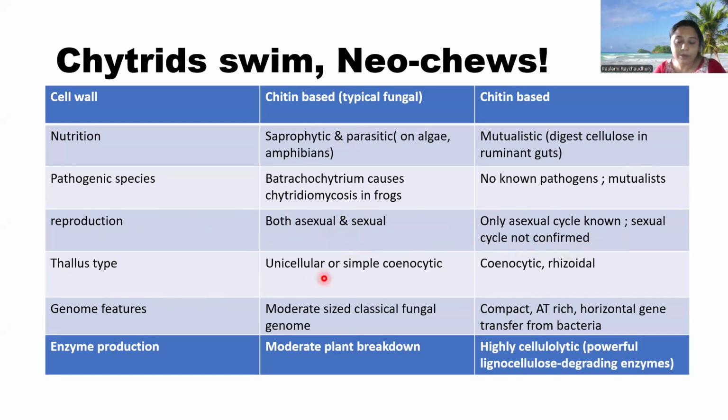Now, thallus type: Chytridomycota are unicellular or simple coenocytic, and Neokalimysticomycota are coenocytic or rhizoidal. Genome features: Chytridomycota have a moderate sized classical fungal genome. Neokalimysticomycota have a compact, AT-rich genome with horizontal gene transfer from bacteria. Enzyme production is important: moderate plant breakdown by chytrids, but for Neos it is highly cellulolytic; powerful lignocellulose degrading enzymes are present.